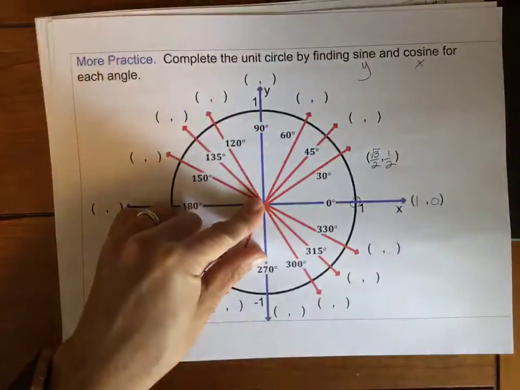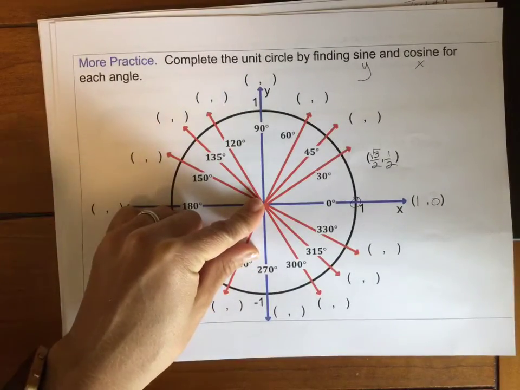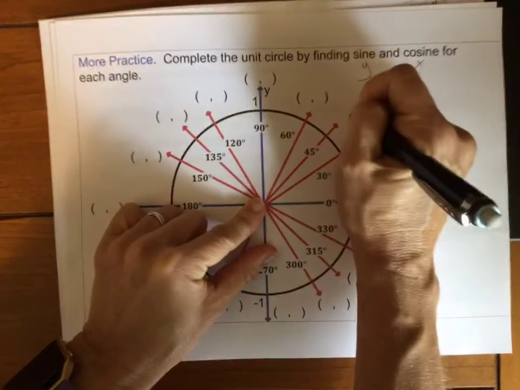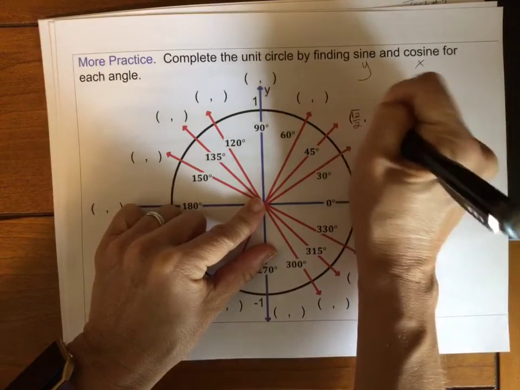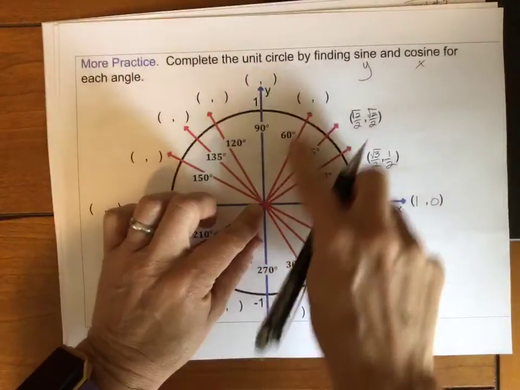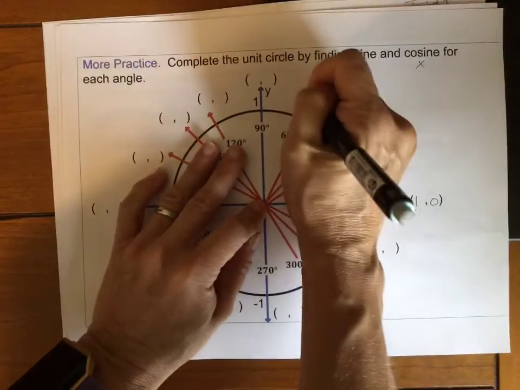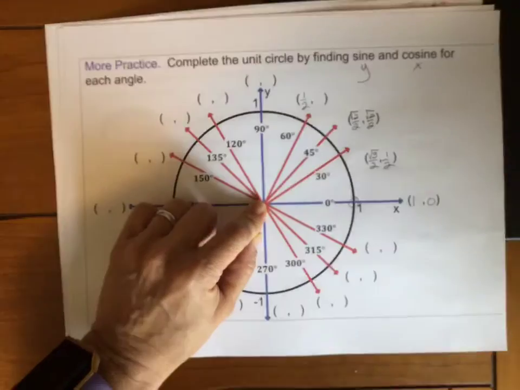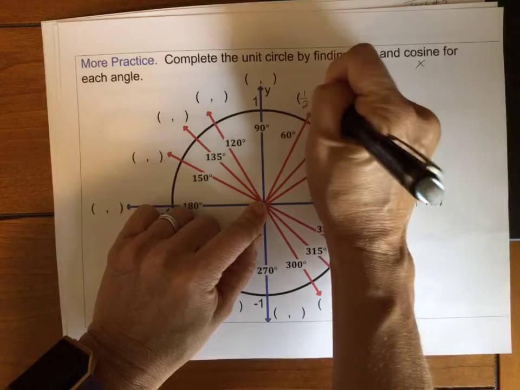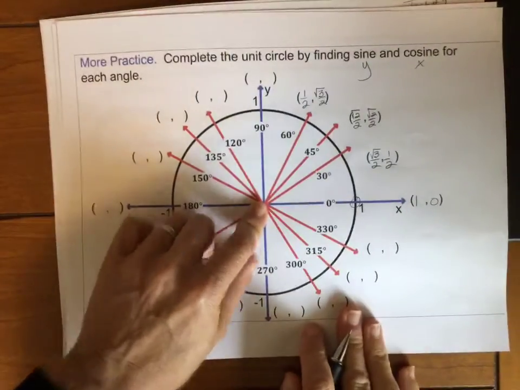For 45, there's only one value it can be, root 2 over 2. And in this quadrant, they're both positive. All right, and now at 60 degrees, my x is my short side. Everything over here is positive, so that's 1/2. And then my y value is my long side.